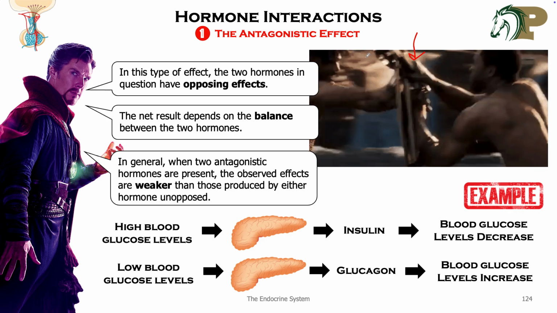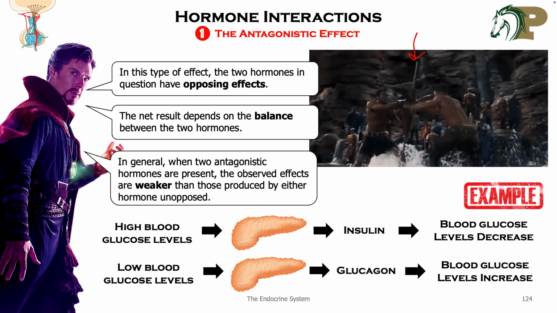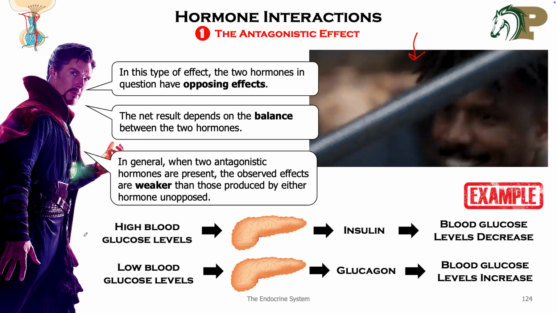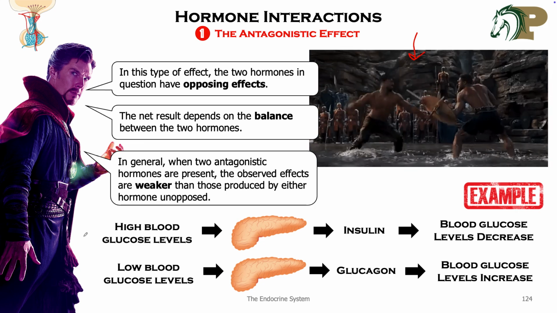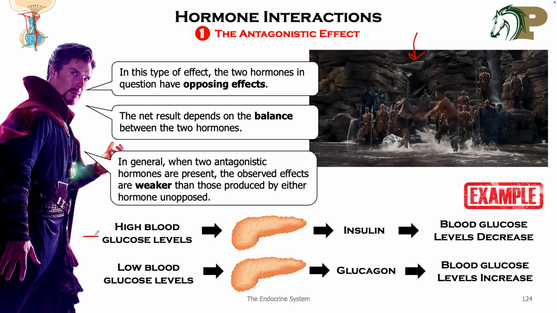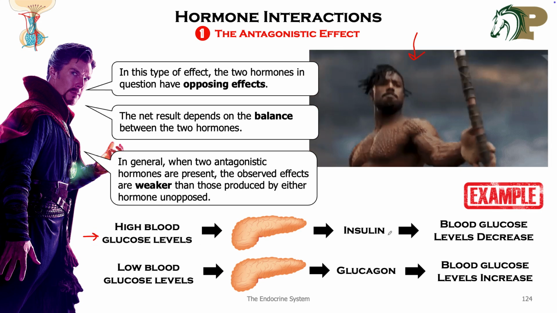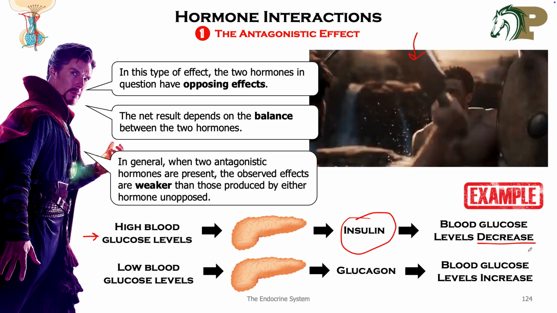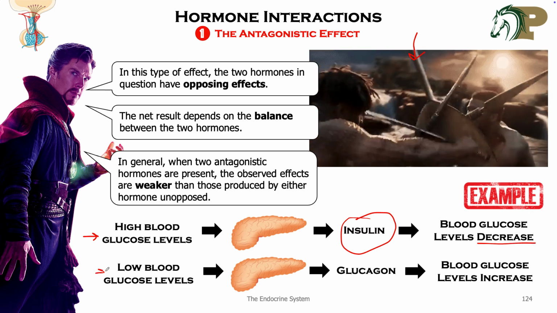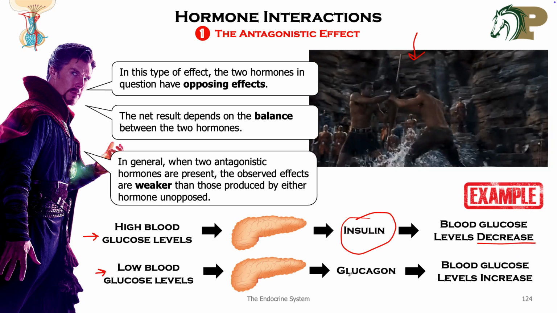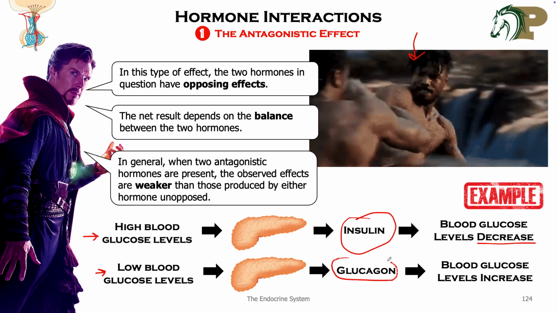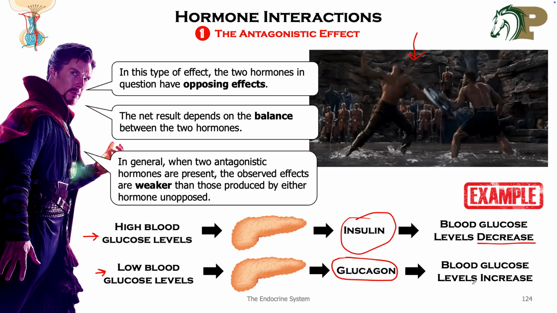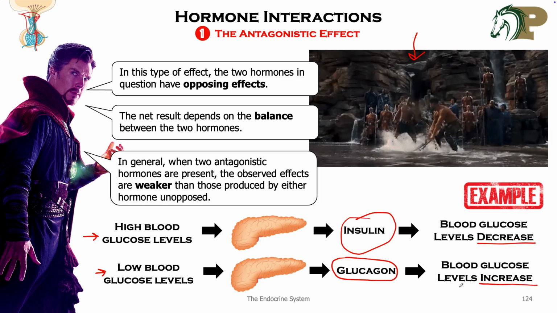For example, we saw this a little earlier in the chapter: high glucose levels lead to the release of insulin, which leads to blood glucose levels decreasing. Low blood glucose levels lead to the release of glucagon, which leads to an increase in blood glucose levels.